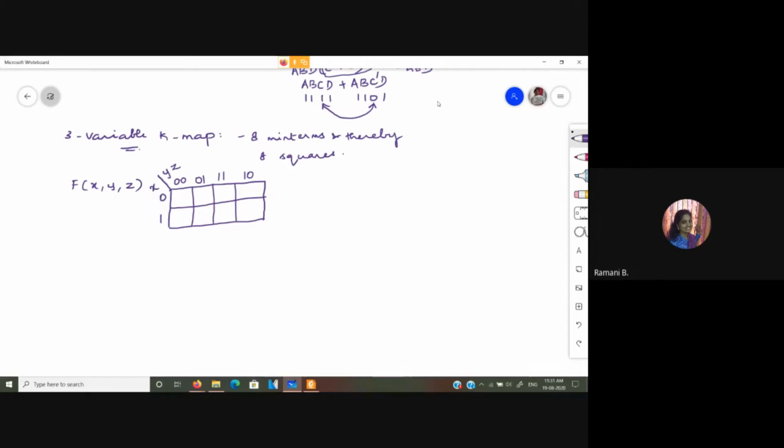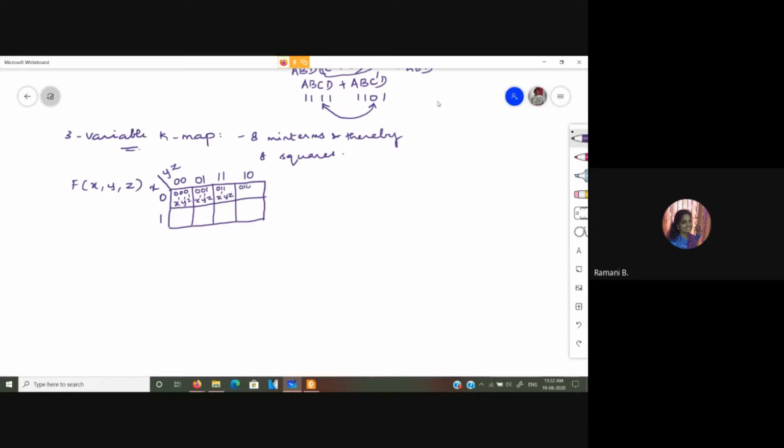So this first box corresponds to M0, that is x bar, y bar, z bar. The second corresponds to M1, x bar, y bar, z. This corresponds to 0, 1, 1, M3, so x bar, y, z.